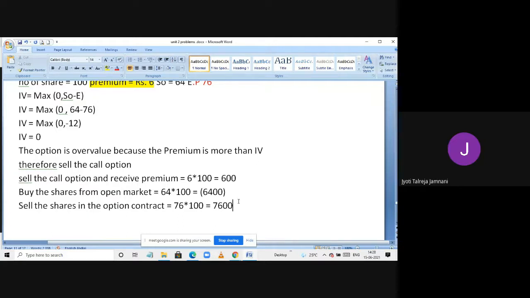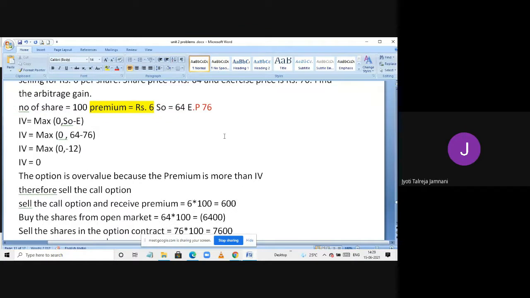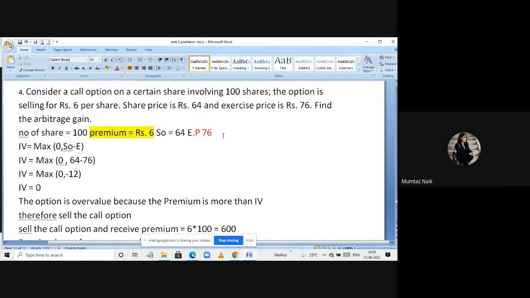So arbitrage gain is 1,800. Is that okay? Yes, ma'am.